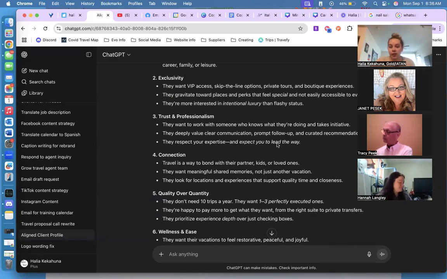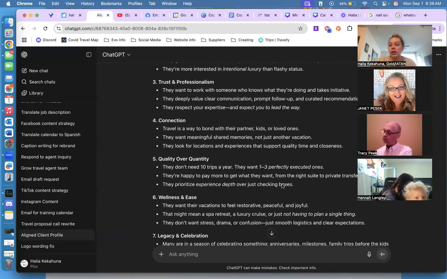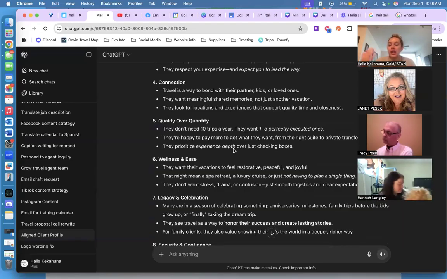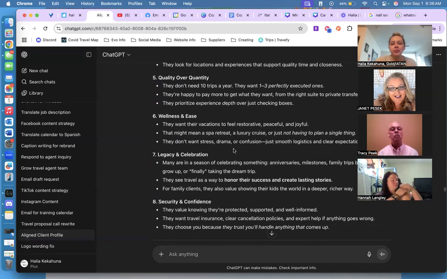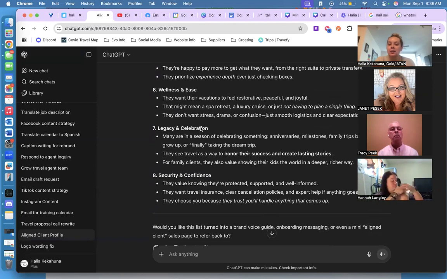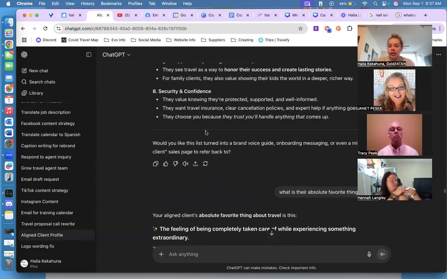Trust and professionalism, connection, quality over quantity. So maybe they don't take 10 trips a year. Maybe they take 1 to 3, but those 1 to 3 are going to be higher budget and very special, very exclusive, right? Things like that. Wellness and ease, legacy and celebration, security and confidence.